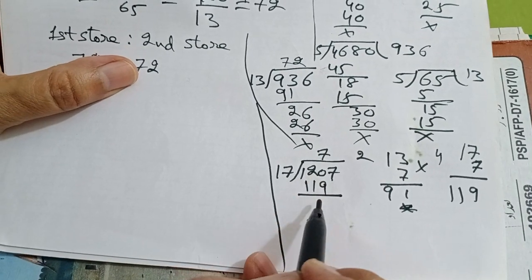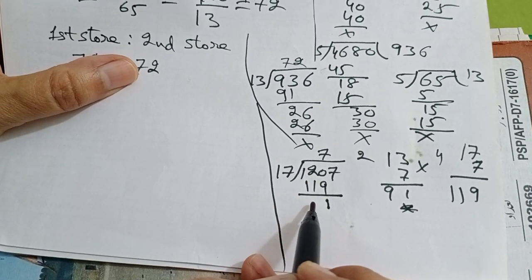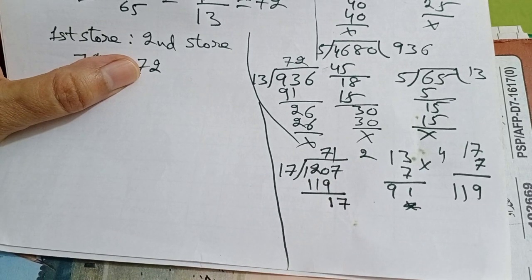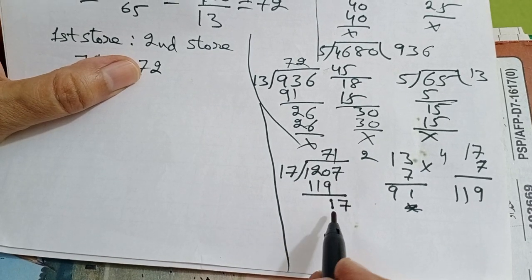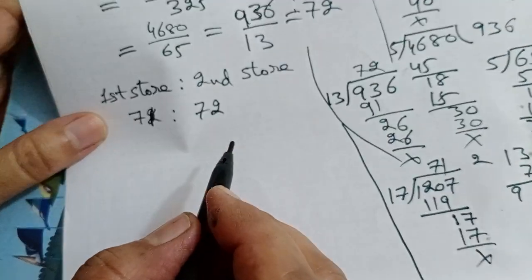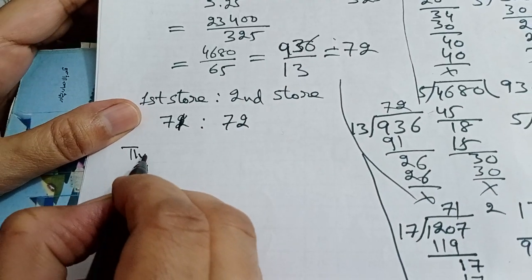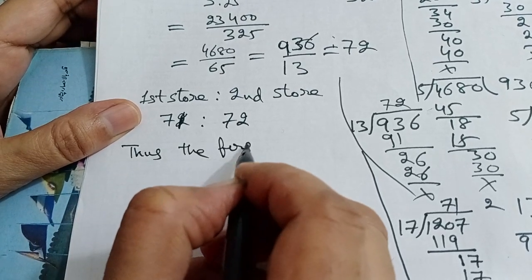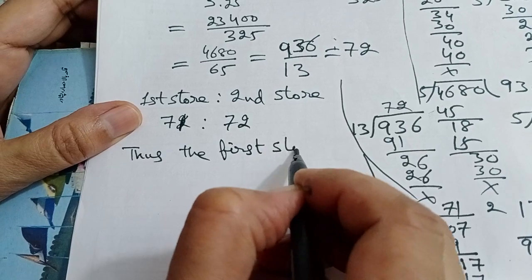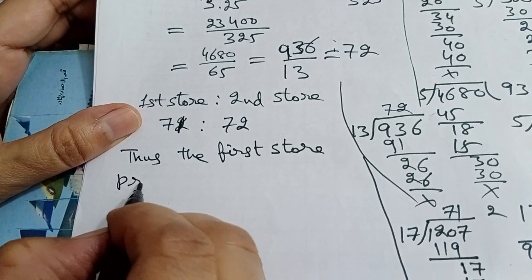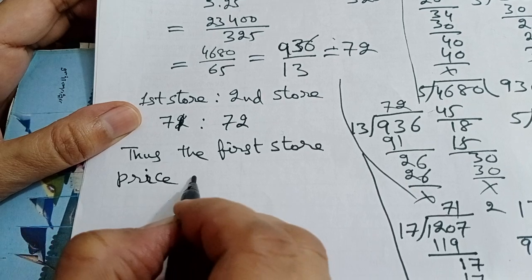So we have 71 and 17. Thus the first store price is less.